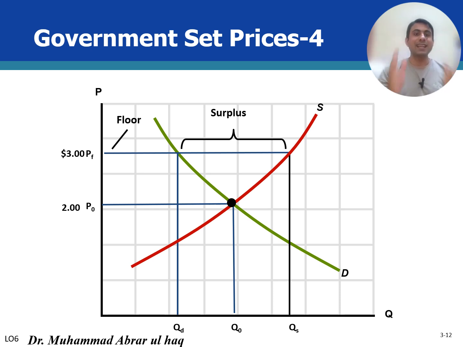So this explanation outlines how price floors can disrupt the market equilibrium, leading to consequences such as a surplus due to the disparity between supply and demand at the mandated minimum price.